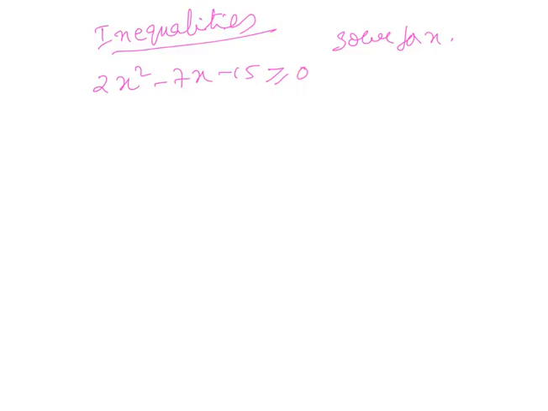If you look at the expression alone, you can very well see that this is a quadratic. So the first step would be to have the standard form of the function that is given. We'll first solve this quadratic treating it as an equation: 2x squared minus 7x minus 15 is equal to 0, which I call the critical values.